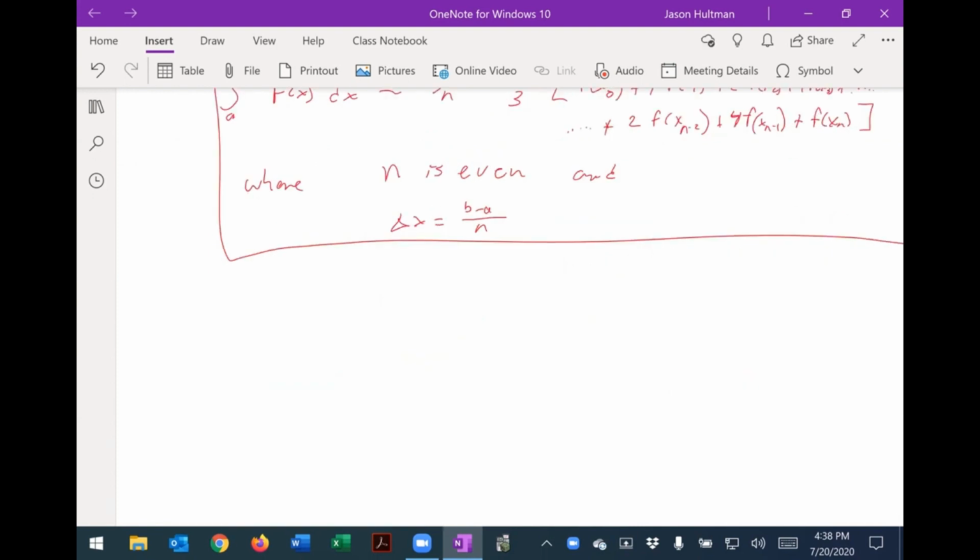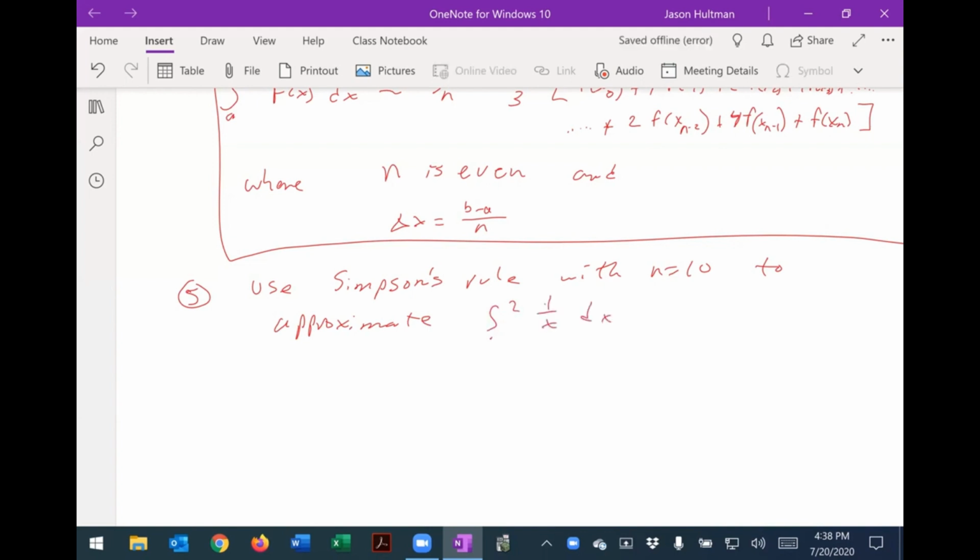So number 5 here, let's use Simpson's rule with n equals 10. Okay, so not 5 anymore, n equals 10, to approximate the integral from 1 to 2 of 1 over x dx, our same natural log.